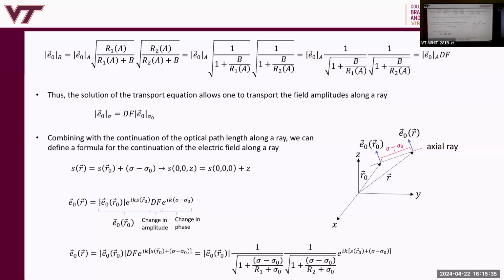So the electric field can be continued along a ray, the whole electric field now. We're going to use this expression in our code today. The electric field can be continued along a ray given the electric field at some initial point on the ray or reference point multiplied by the divergence factor and the change in phase.